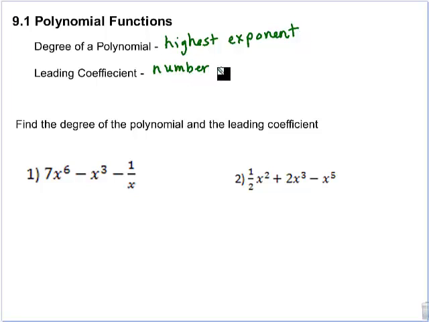So it's the number attached to the highest exponent. I mean, if our polynomial is written in the correct order, it would be the first one, but they're not going to be for this first part.